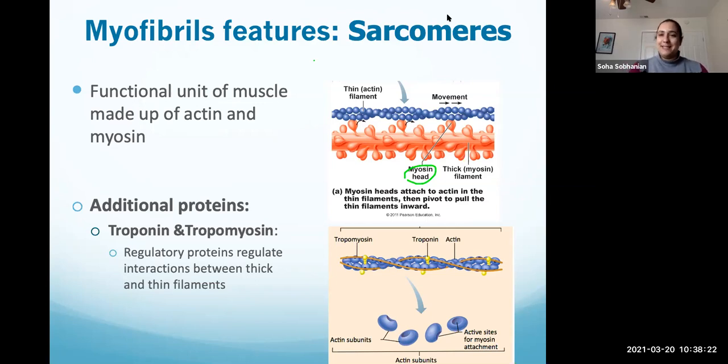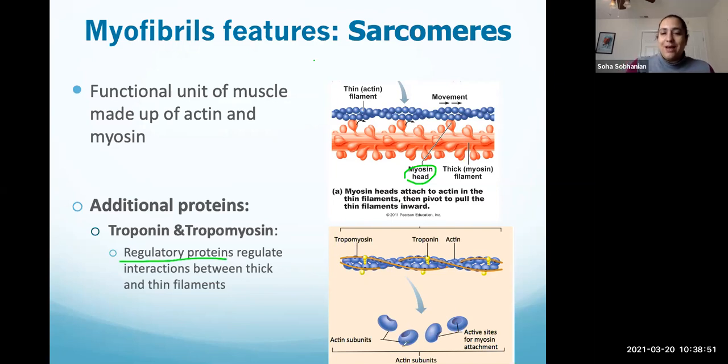So what prevents the interaction between myosin head and actin that leads to muscle contraction? How can we prevent that from taking place? And the way we prevent that process from happening is using what we call regulatory proteins. Regulatory proteins, which are troponin and tropomyosin.